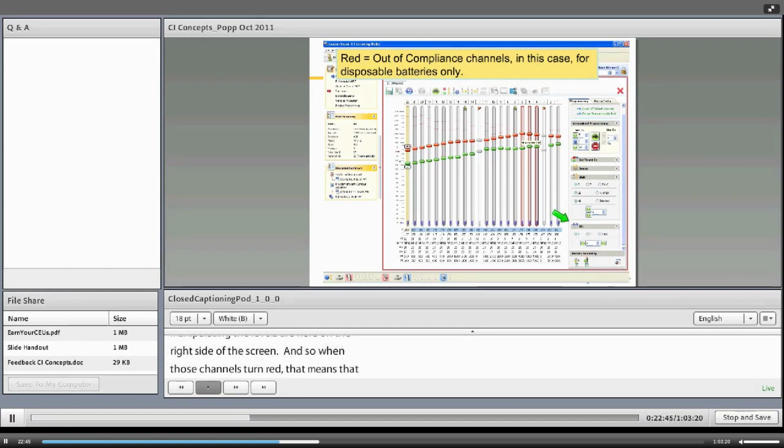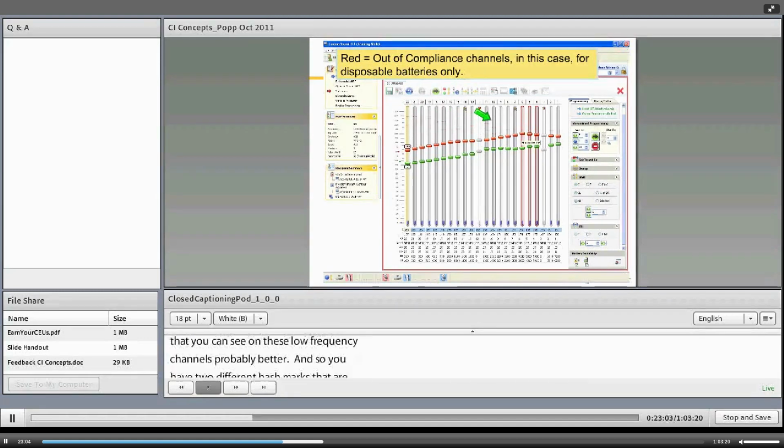And so when those channels turn red, that means that either the threshold or the comfort level required for that channel have surpassed these little red hash marks that you can see on these low frequency channels probably better.